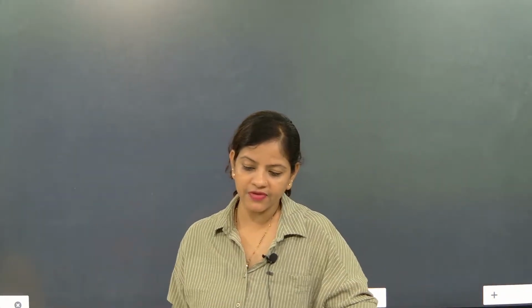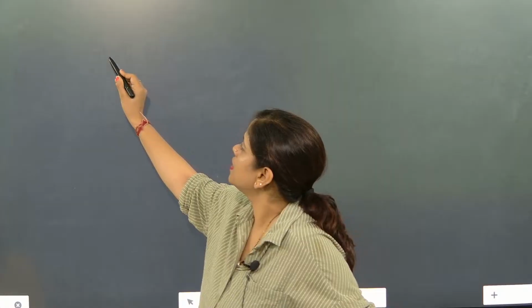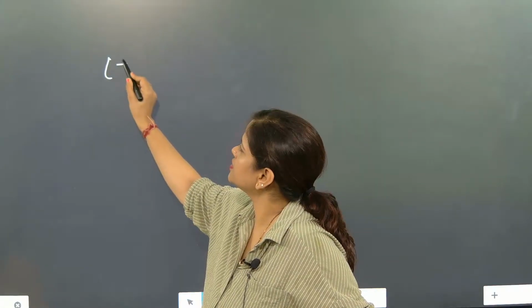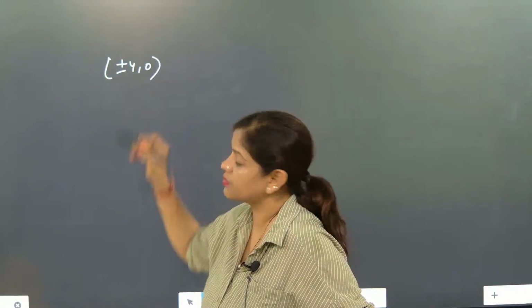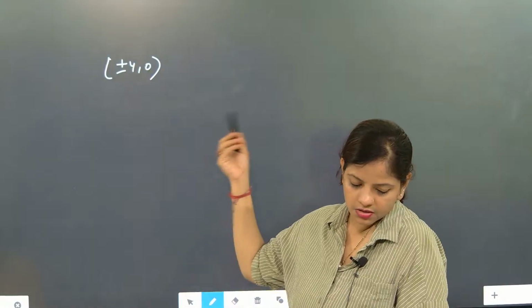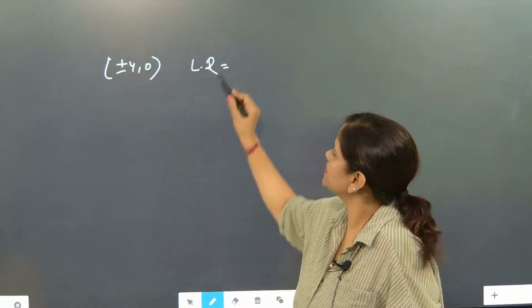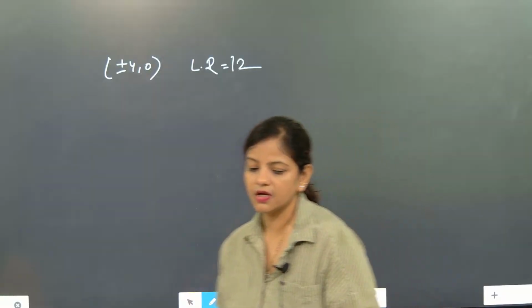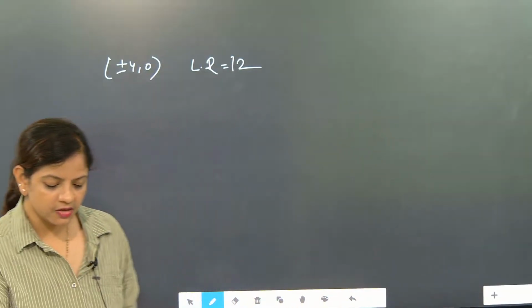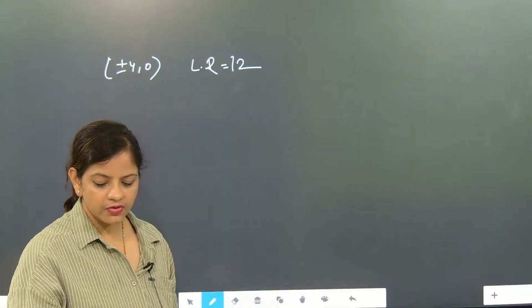So when foci is given to you, how are you going to solve the question? Foci is given as plus minus 4 comma 0, and latus rectum LR is given as 12. Come on, go for it. Foci and latus rectum, LR is given, then what are we going to do? How are we going to solve the question?